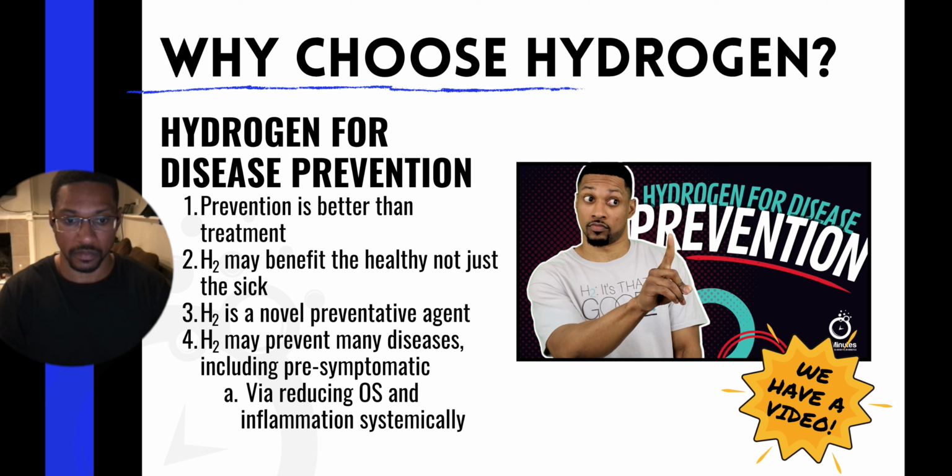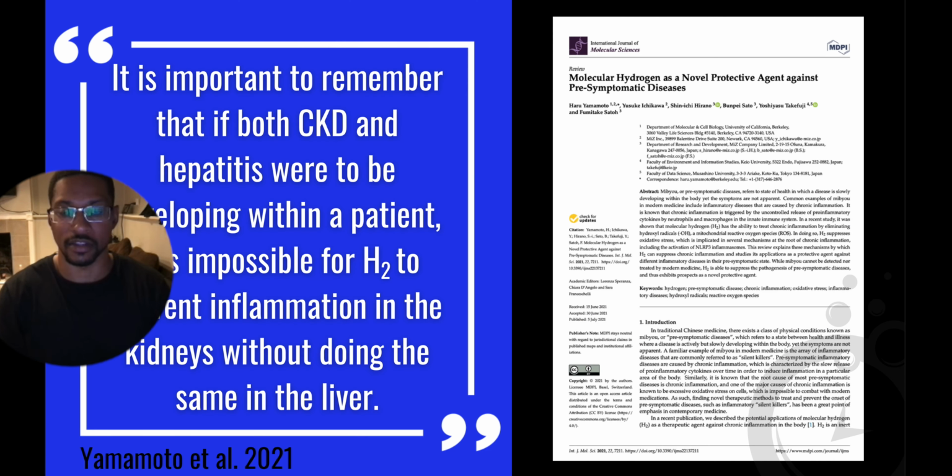Let's look at this study, which says molecular hydrogen as a novel protective agent against pre-symptomatic diseases. This has a phenomenal quote in it, so I'm going to read it for you. I might add some comments, but I think you'll see why we have it in the presentation and why it's so impressive.